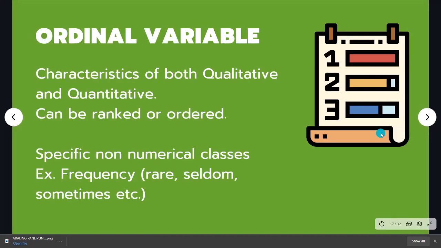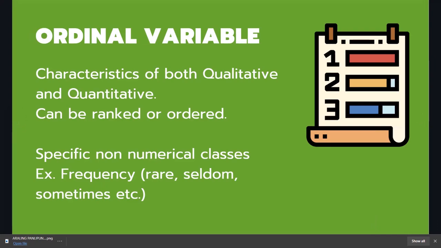Okay, next will be the ordinal variable. So in this category, variables that exhibit the characteristics of both quantitative and qualitative. So ordinal variables take a value which can be logically ordered or ranked. The values can be numerical like quantitative variables.